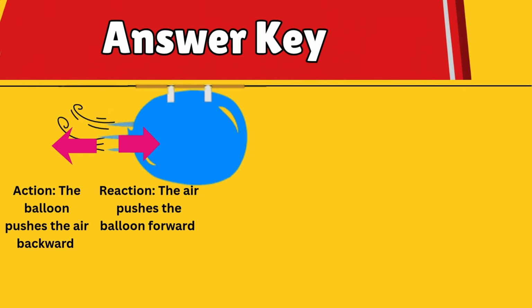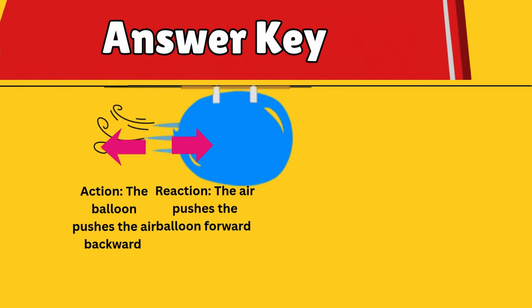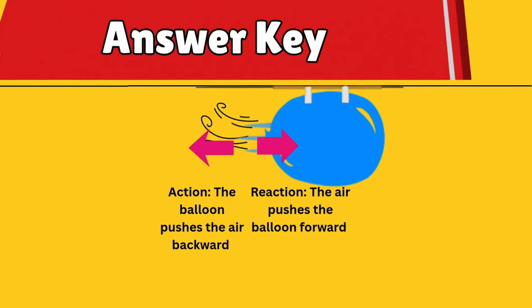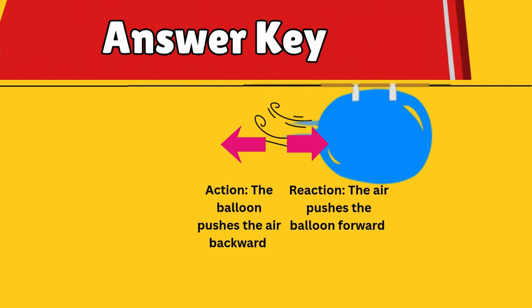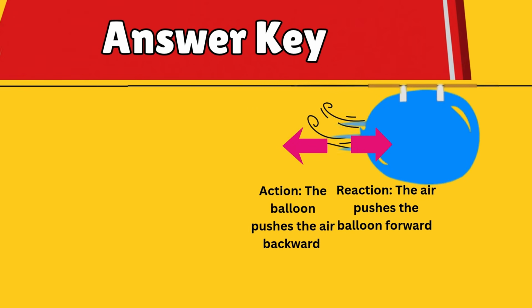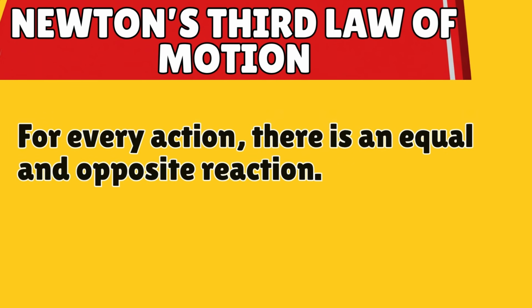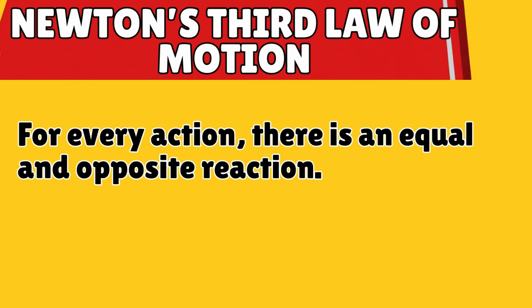So from our activity, the action is the balloon pushes the air backward, and the reaction, the air pushes the balloon forward. From the activity, we learned Newton's third law of motion, which states that for every action, there is an equal and opposite reaction.